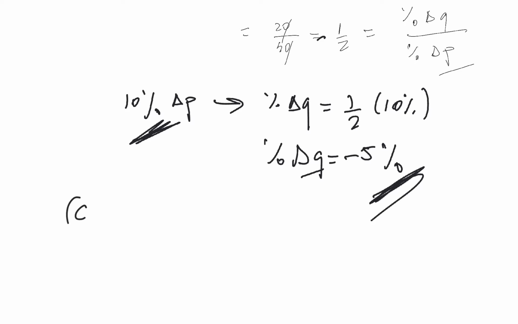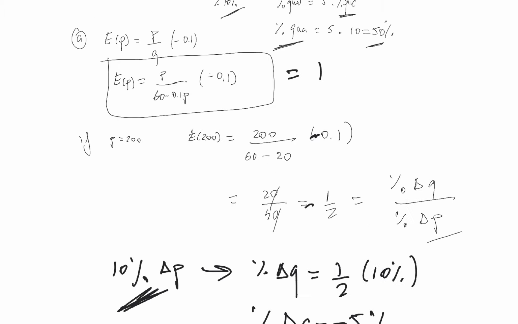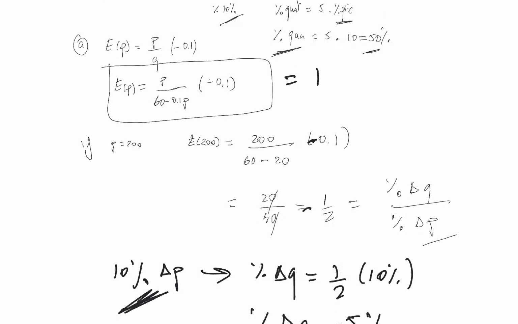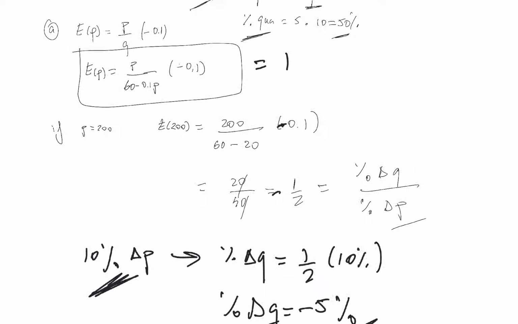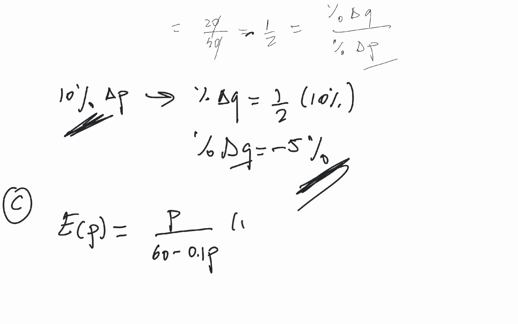Part C. We know that E of P is P divided by 60 minus 0.1 P, multiplied by 0.1 with the minus sign.